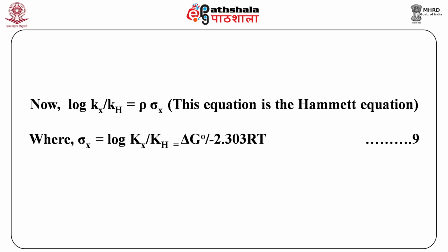Now log kx upon kh is equal to rho sigma x. This equation is called the Hammett equation, where sigma x is equal to log of capital Kx by capital Kh. Again, because it is a linear free energy relationship, it is equal to minus delta G naught divided by 2.303 RT.